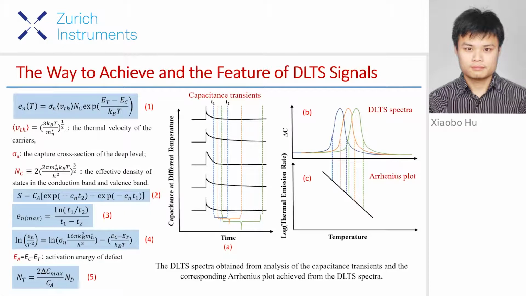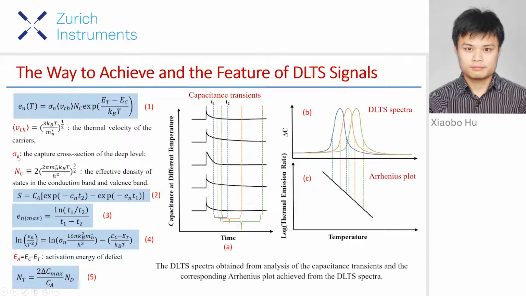So from this formula, by using a semi-log graph of ln(En/T²) versus 1/T, it is possible to extract the two important parameters, including activation energy and the capture cross-section.